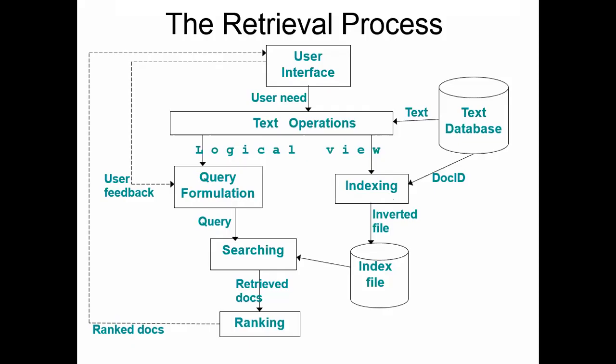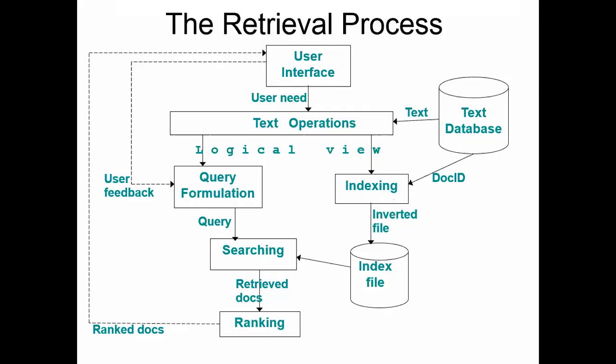Once we apply the text operation on the document corpus that comes from the author's world, we have to index it. For indexing, we have to select the indexing structure, the index file, as per the indexing algorithm selected. Then the document corpus should be organized in an index file.